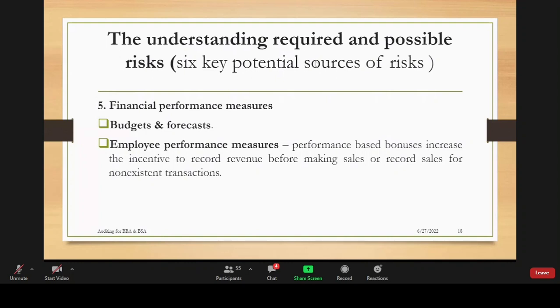Then, financial performance measures. Like I said, employee performance measures, where employees, especially management of a business, are given bonuses and performance incentives based on profitability. Trust me, those guys are going to cook figures. They are going to create sales that are not there.